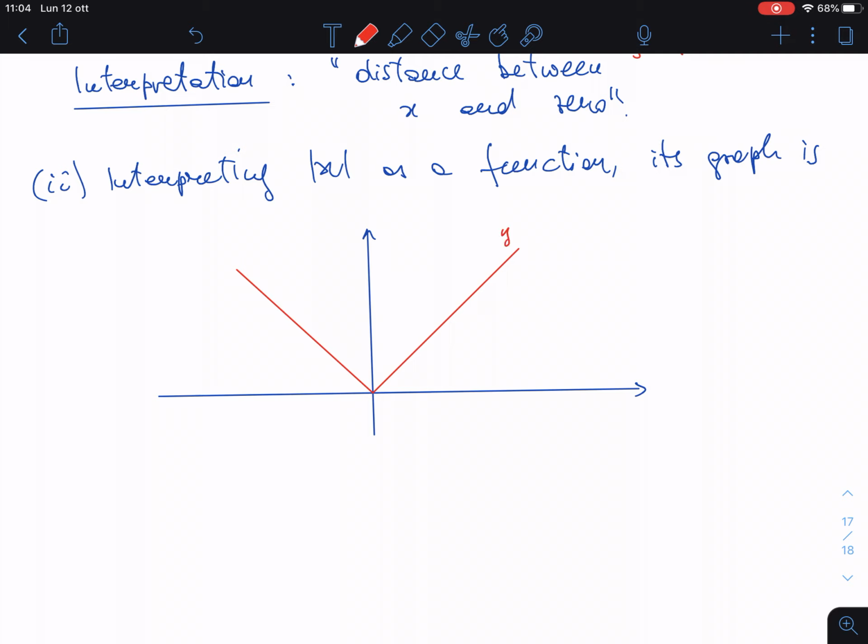So between these two lines, y equal to x, y equal to minus x. Okay?